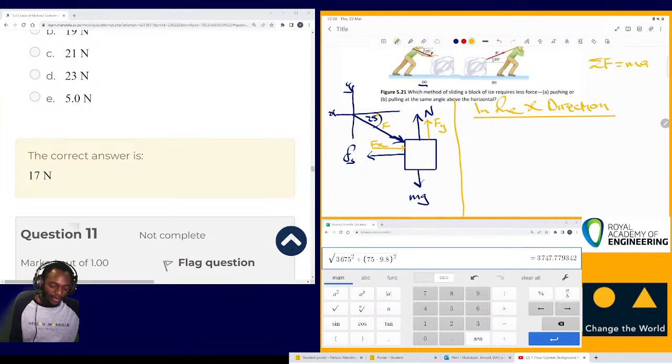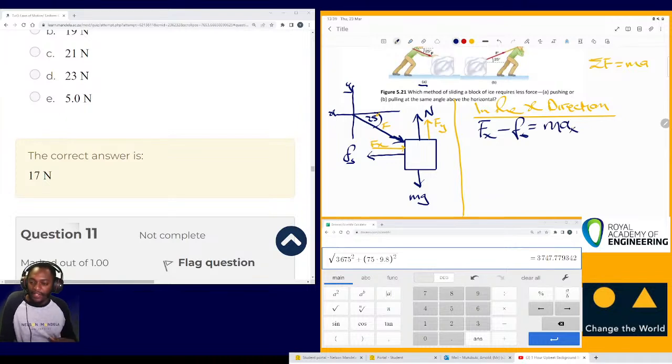If this system is going to move, the component of F in the x is positive and the static friction is in the negative, right? Yes. So F in the x minus the static friction equals ma in the x.